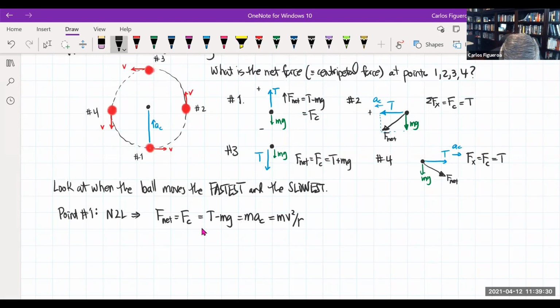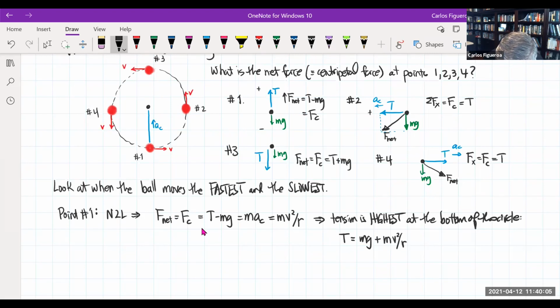Okay, so when I look at the speed in this case here, what this tells us here is that the tension is highest at the bottom of the circle. And that tells us here that the tension then is going to be what? mg plus mv squared over r.